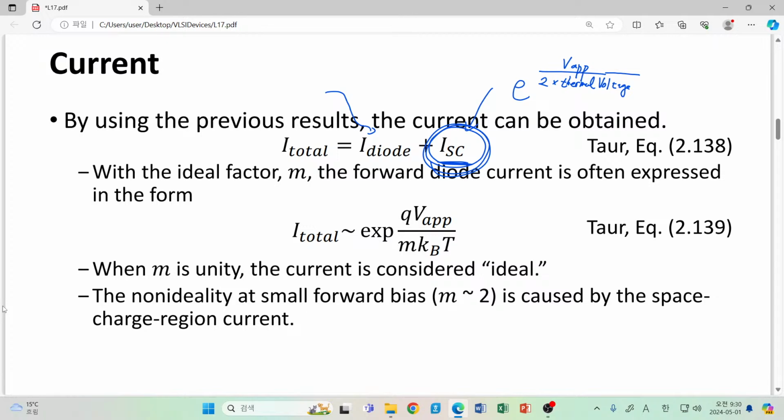For example, let's consider 0.3 volt, and both of them show quite balanced values. I diode was quite similar to I space charge region. Now let's say that instead of this one, we go to 0.36 volt, oh sorry about that.